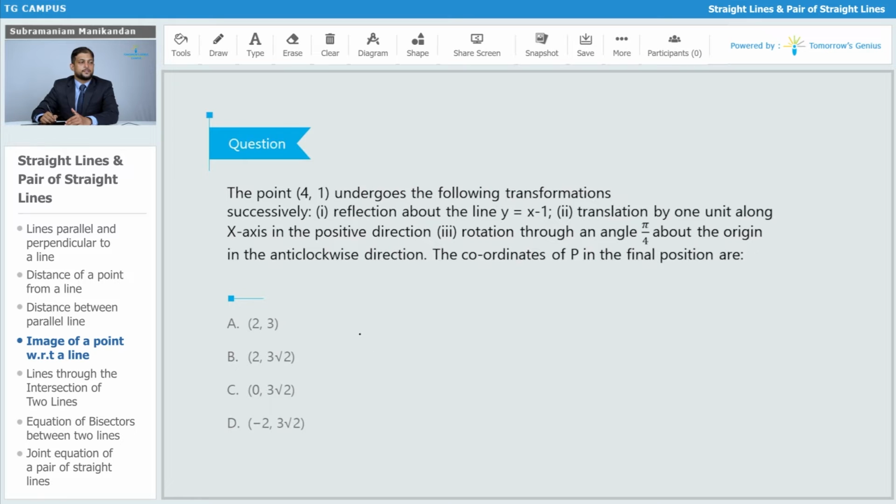So if we have x-axis and y-axis like this, then the line y is equal to x minus 1 will be like this. And the point 4,1 will lie somewhere over here.